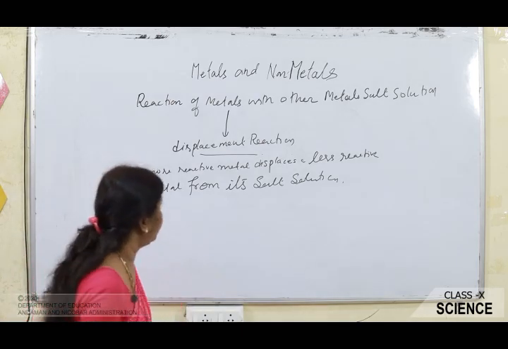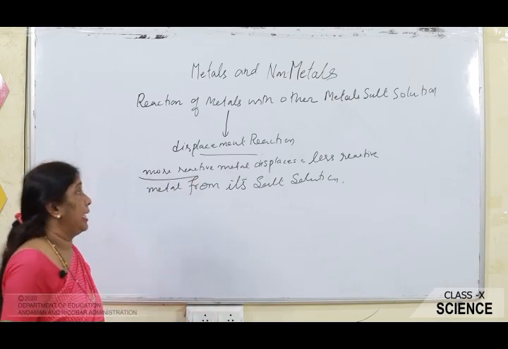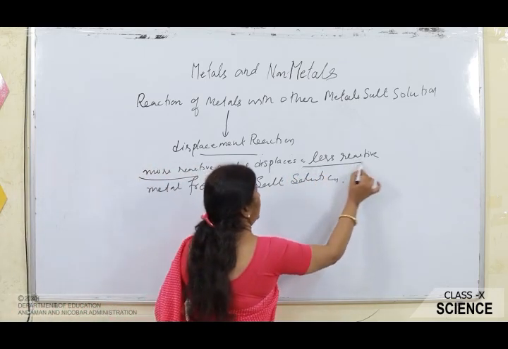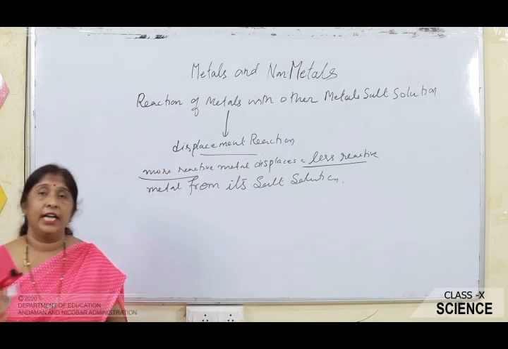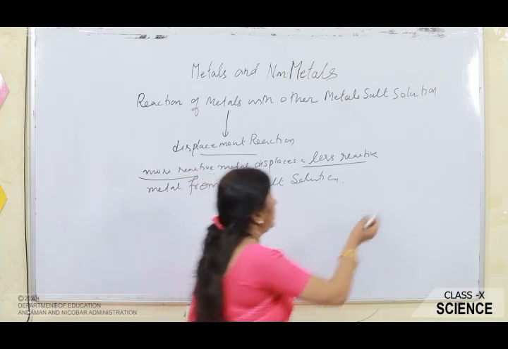So displacement reaction is a reaction in which a more reactive metal displaces a less reactive metal from its solution form. Now how do we know which metal is more reactive or less reactive? For this we have to refer to the reactivity series. So I will make the reactivity series here.